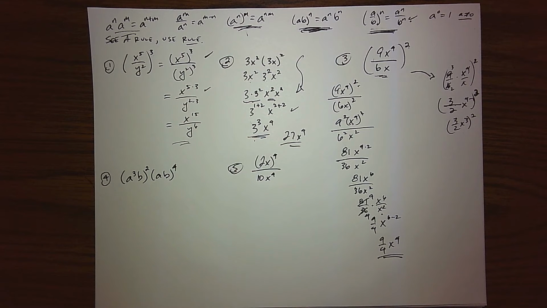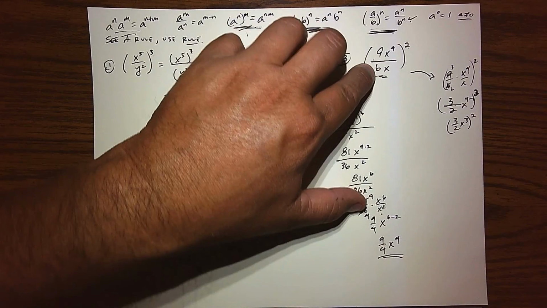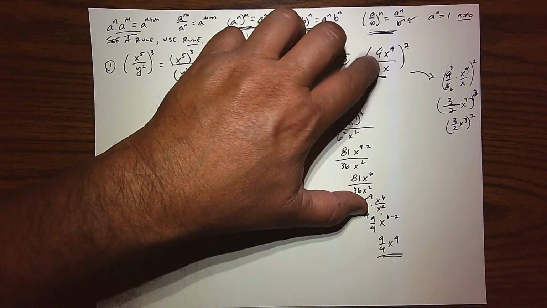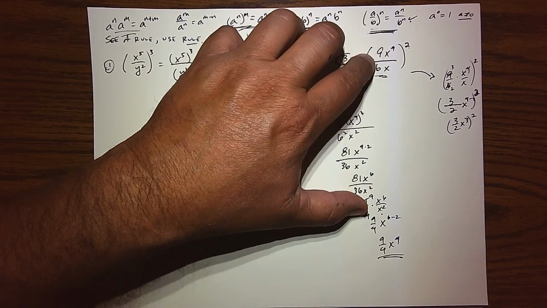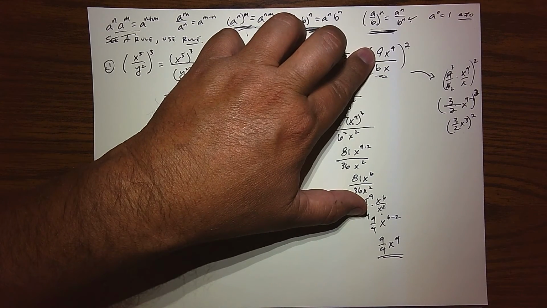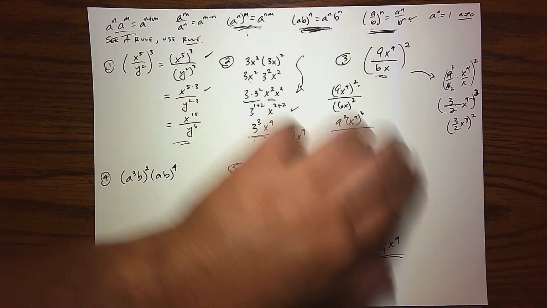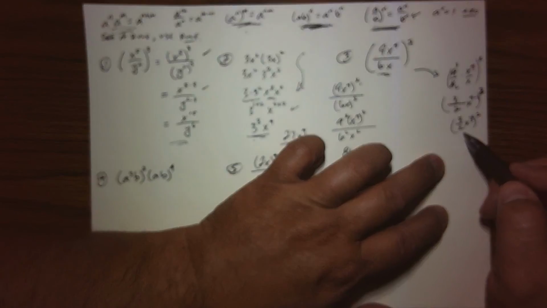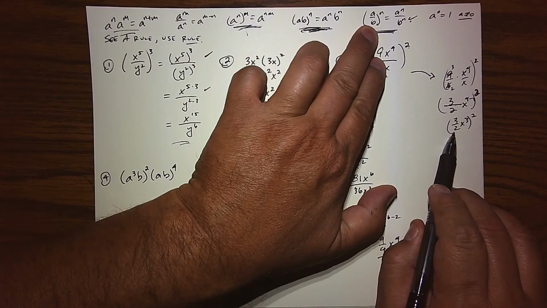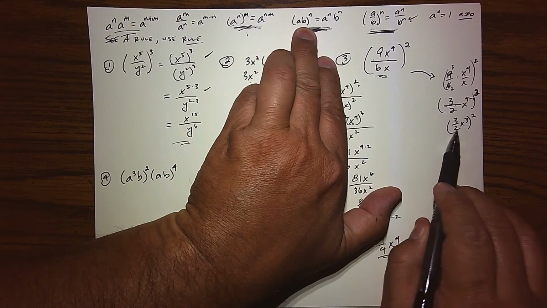So essentially, I've started this problem differently by simplifying, using my quotient rule and just our simplification of fractions. I've simplified it, and when you look at this, I now have a combination. I have a quotient and I have a product.